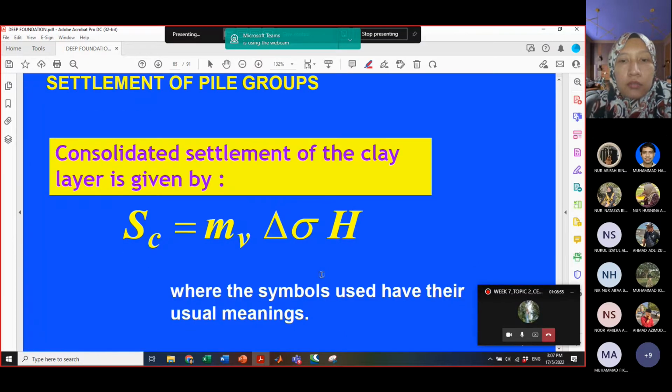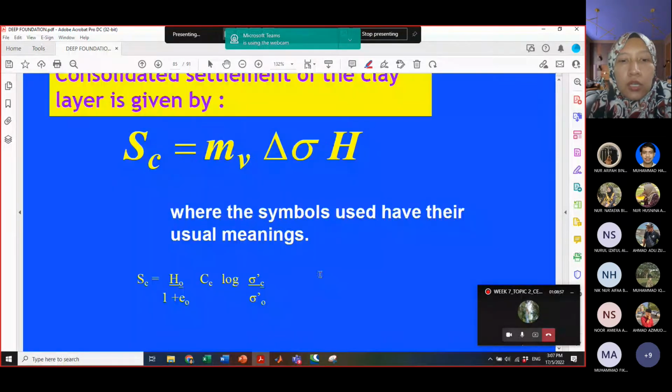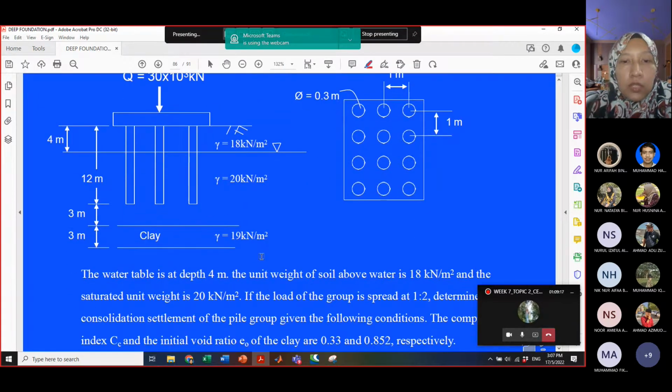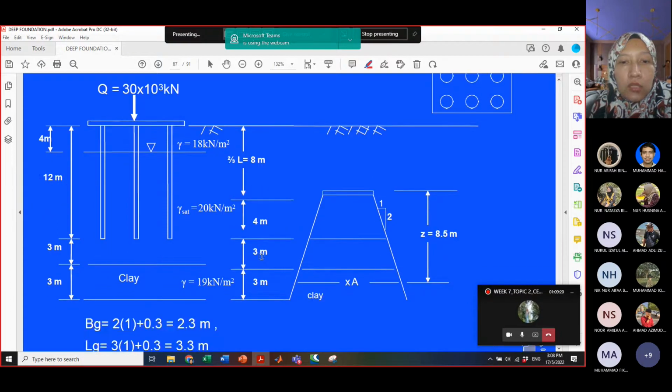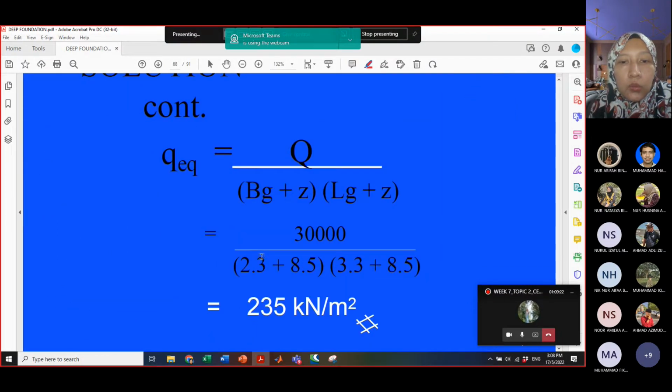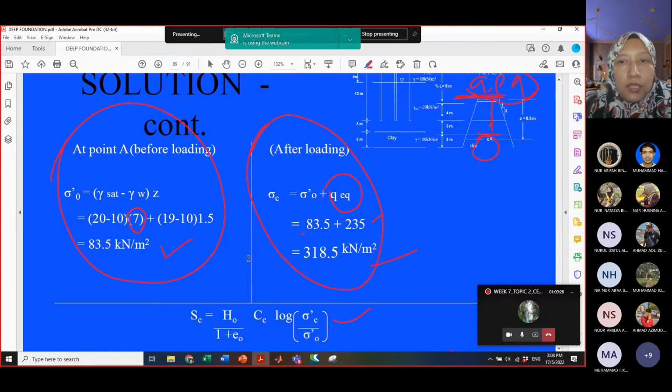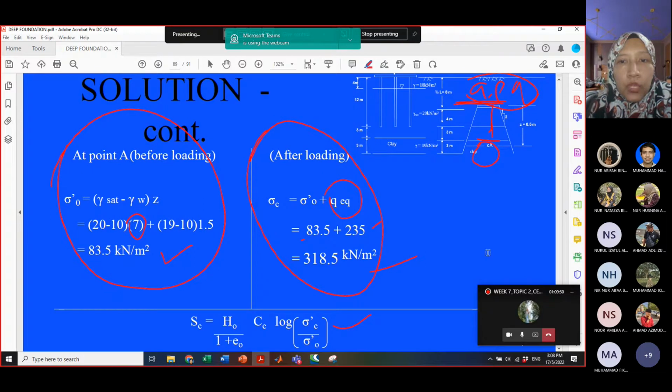Okay, other than that, this is where it can also be estimated from the consolidation settlement, or primary consolidation settlement, where you are given the initial thickness of the clay, and then you have the initial void ratio, and then you have the initial overburden stress, and then you have the pre-consolidation stress. So in this example, lastly, you can see how it is estimated to get Q equivalent, up to estimating the settlement before and after loading.